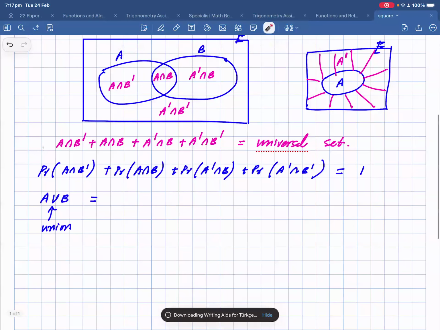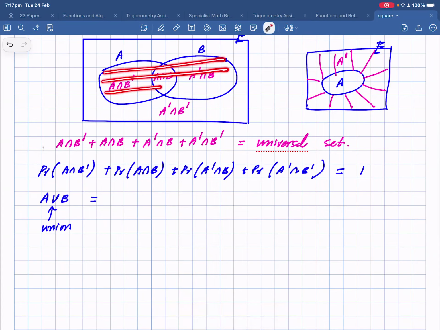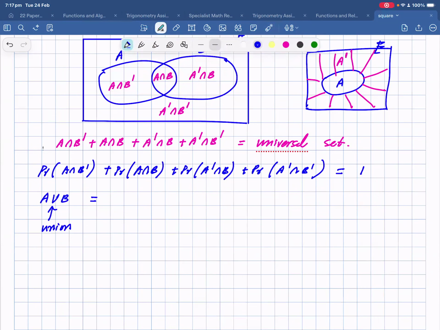Union means everything inside A and B, like this. So now if you look into the picture, you can see this union can be written as A intersection B prime, A intersection B, A prime intersection B.